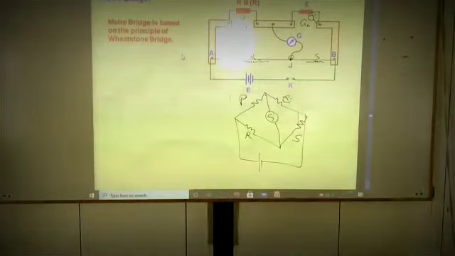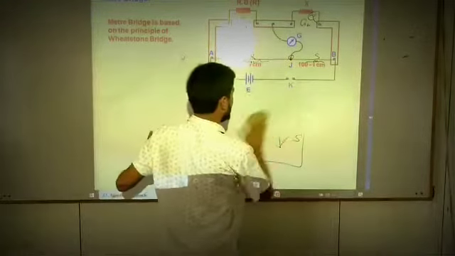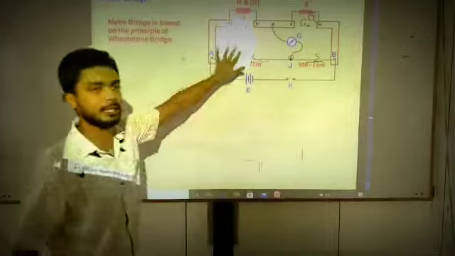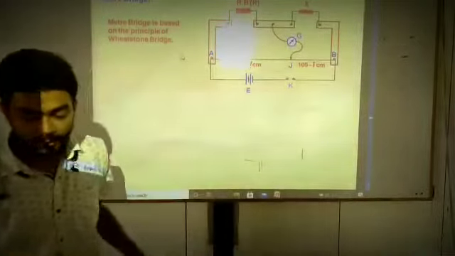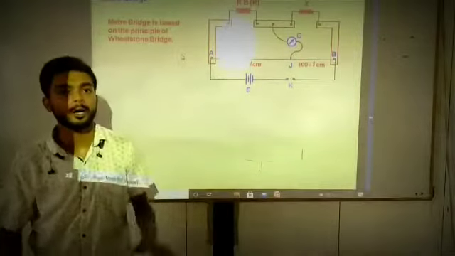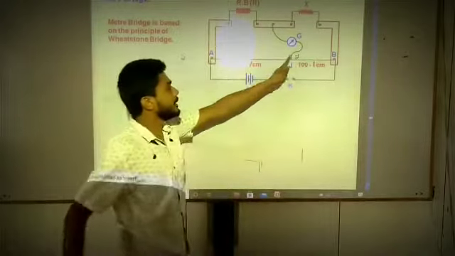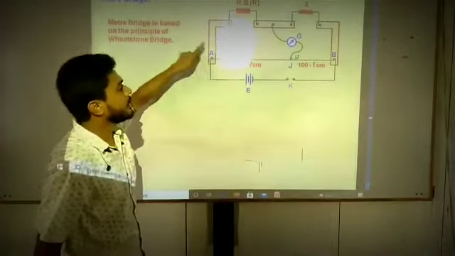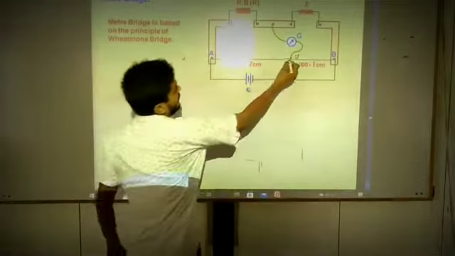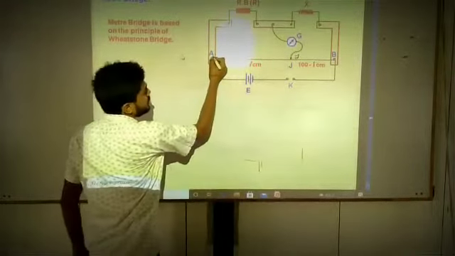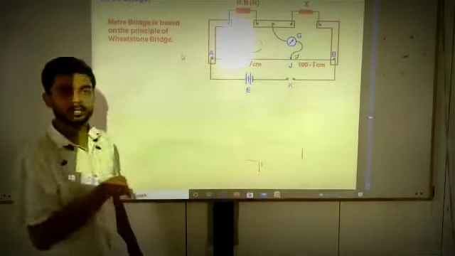Students, suppose you have completed this circuit. After completing this circuit, how will you check whether your connection is proper or not? Take this jockey J and touch it at point A and point B. When the jockey touches point A, the galvanometer will show a left side deflection.